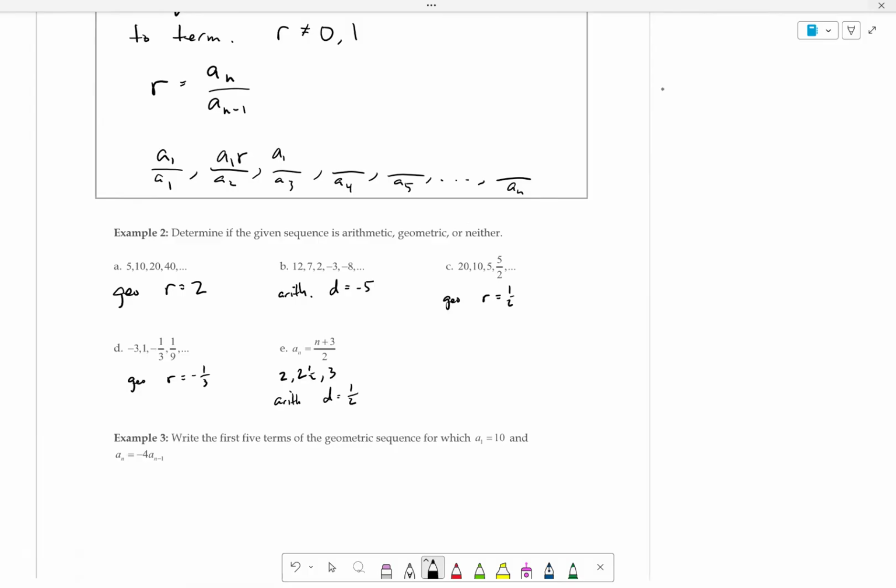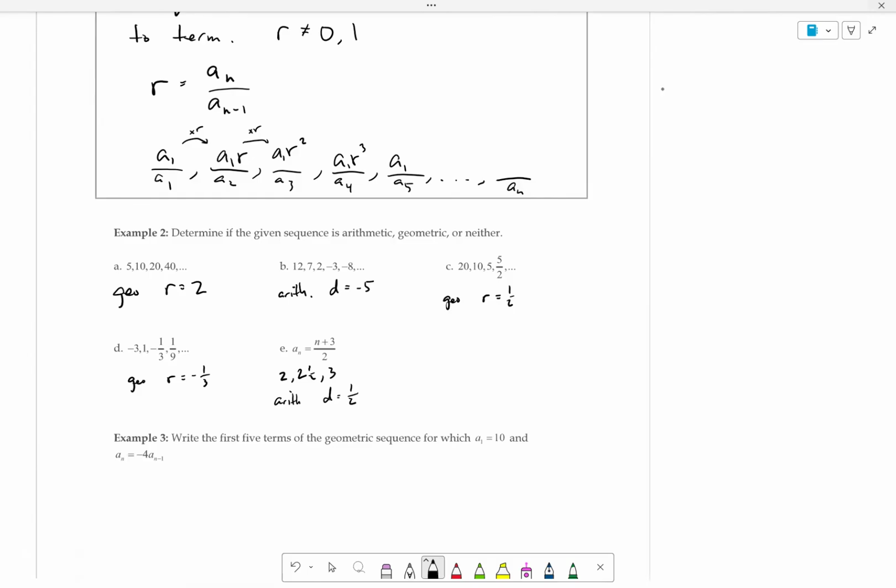R squared. To get there, we had to do times r and then multiply by r again. That's a sub 1 times r, times r, which is the same thing as saying a sub 1 times r squared. For that fourth term, that's going to be a sub 1 times r cubed. I think I'm getting the hang of this.